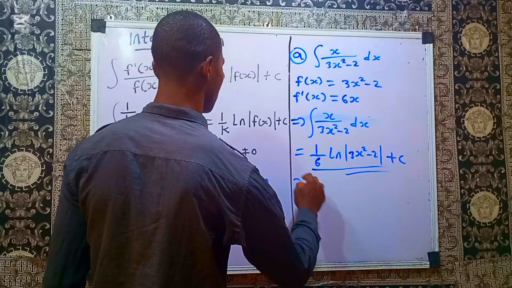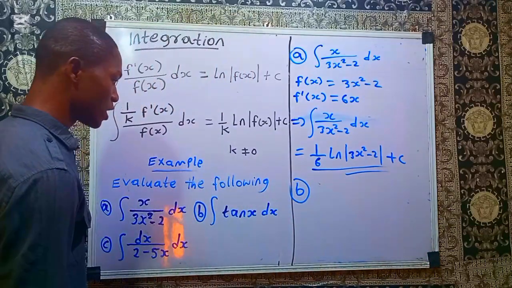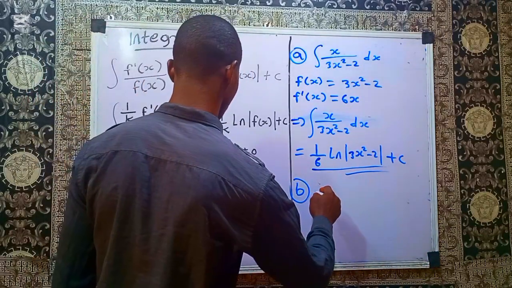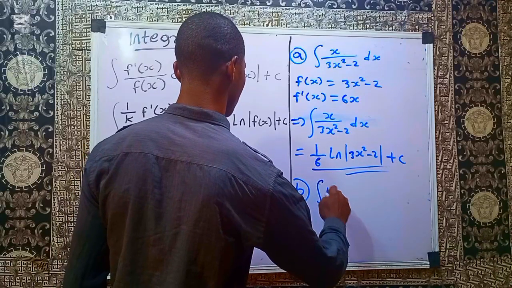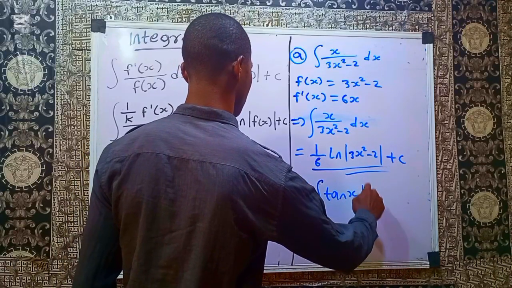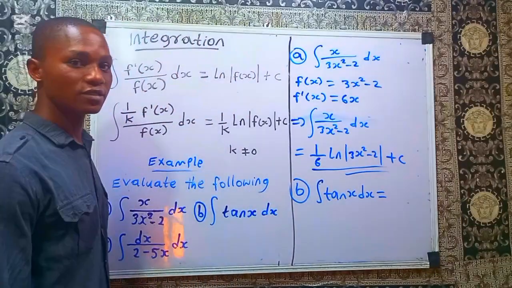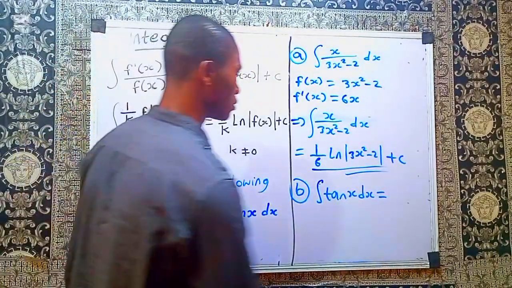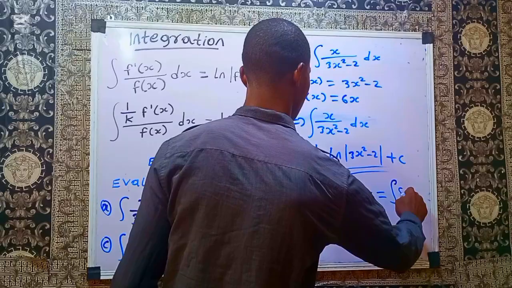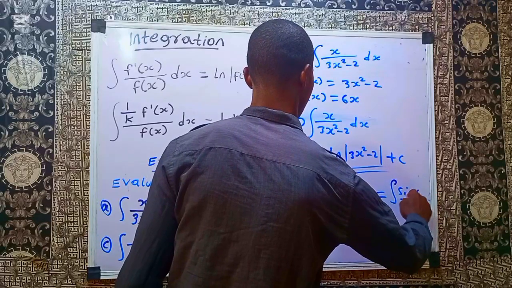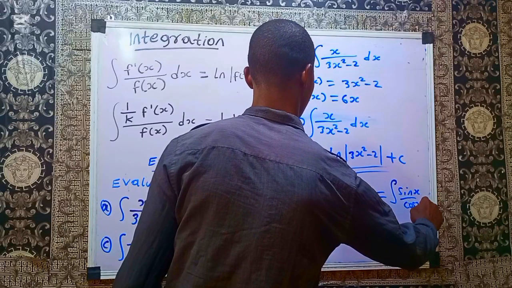So quickly we can as well integrate the second function, the integral of tan x with respect to x. We are going to write tan x in quotient form. Tan x is the same thing as sin x divided by cos x.